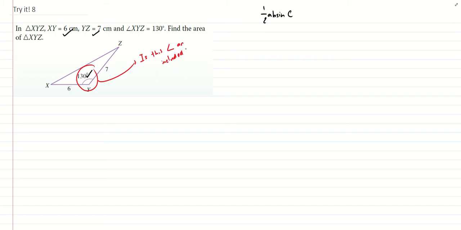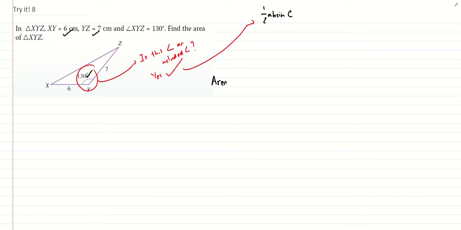Because if it is, then we can use the formula half ab sine C. If the angle is not an included angle, then you need to find that included angle yourself. In this case, because it's an included angle, we can proceed straight away.